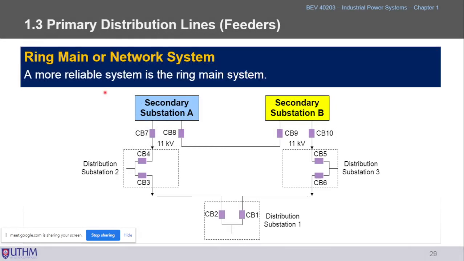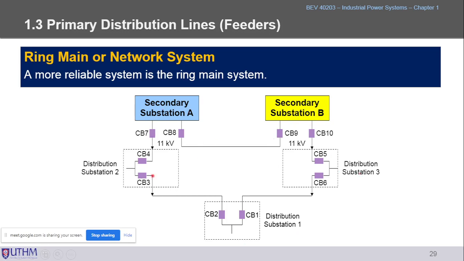The most reliable is the ring, because in the ring you will have at least two sources, two incomings. If something happens here, we can still get the power from another secondary substation.